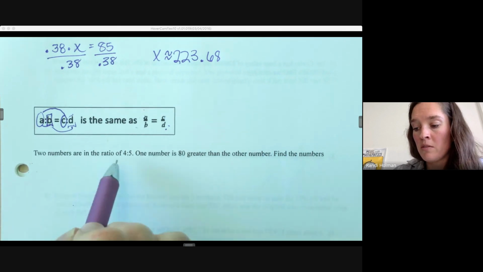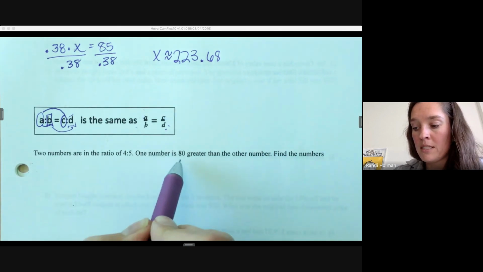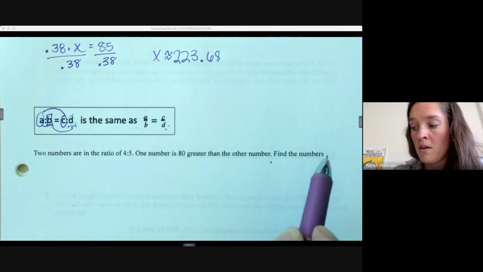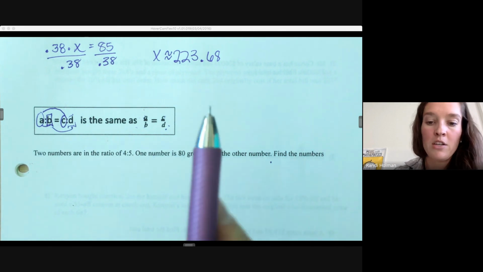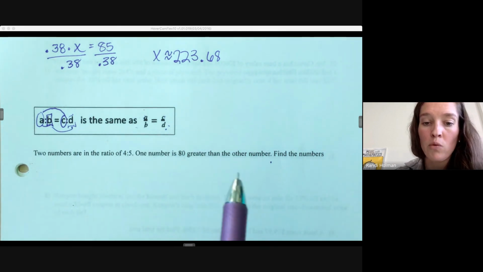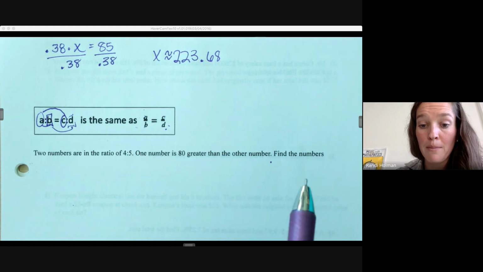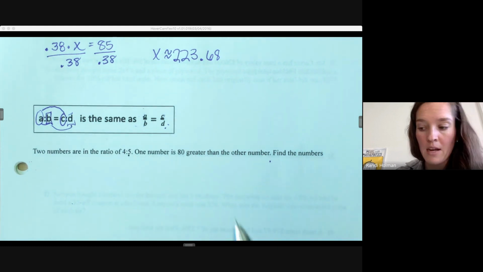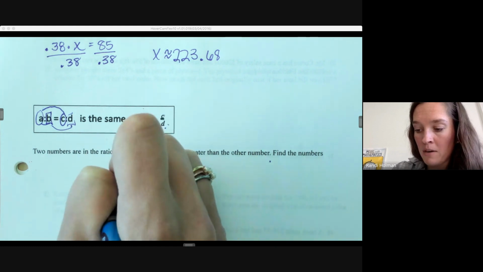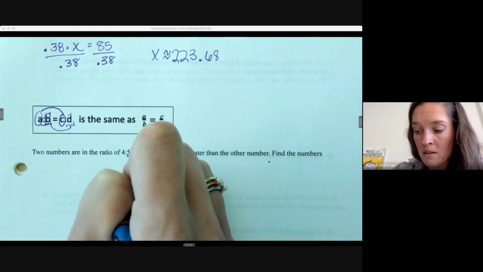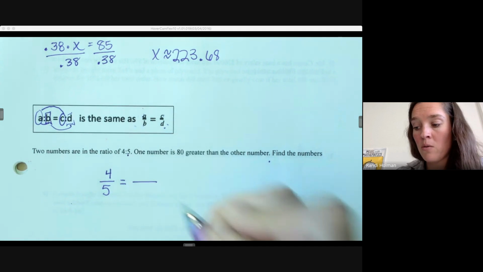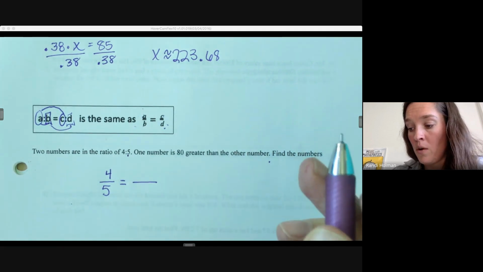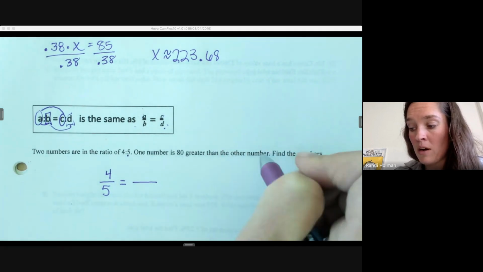So 2 numbers are in the ratio 4 to 5. One number is 80 greater than the other number. Find the numbers. So if you're in the ratio 4 to 5 and one is 80 greater than the other number, that's the big one. That should be the big one here. Okay, so I know my ratio is 4 to 5. That needs to be equal to one number is 80 greater than the other number.